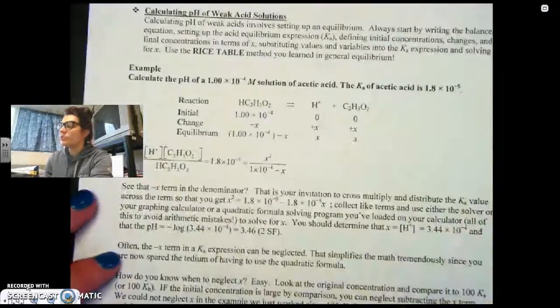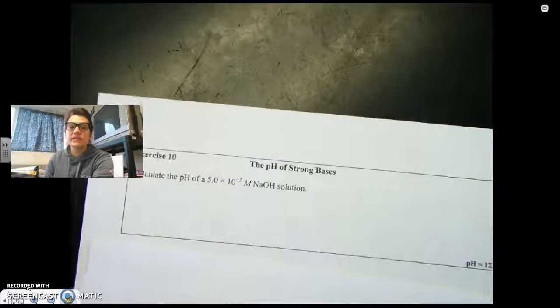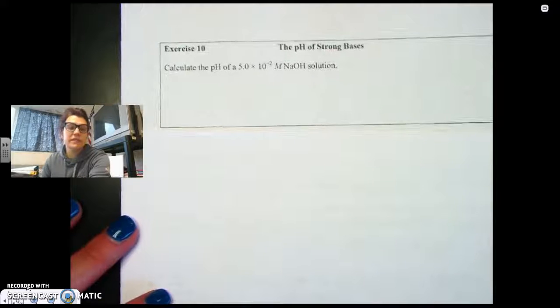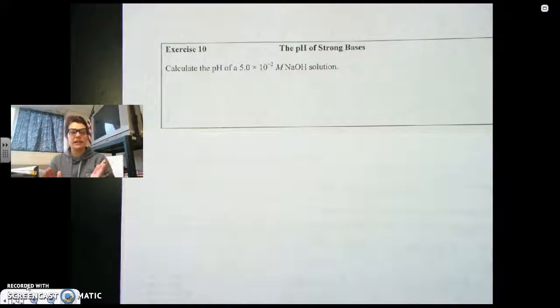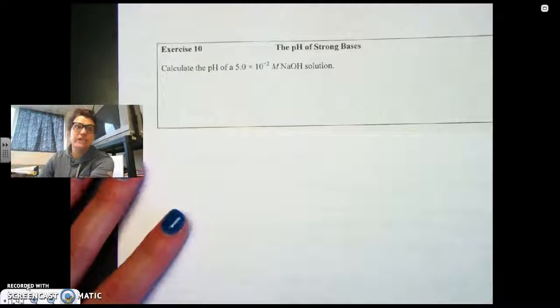Okay, so when I do it for strong bases, you have to realize that yes, the strong base is still 100% ionizing, but it's giving us the concentration of OH, not the pH. So we have to then do an extra step here.